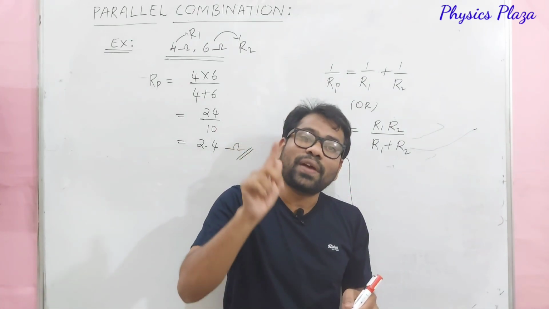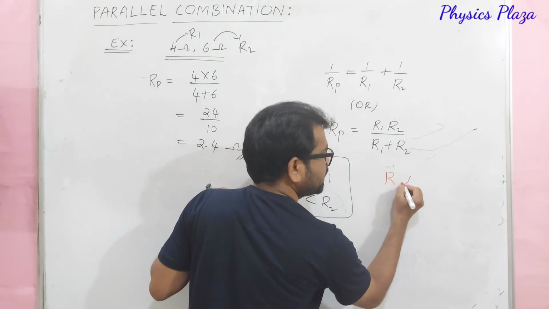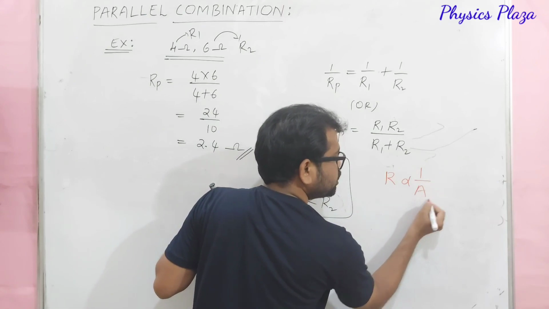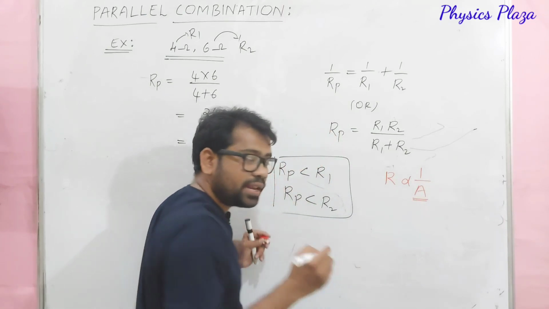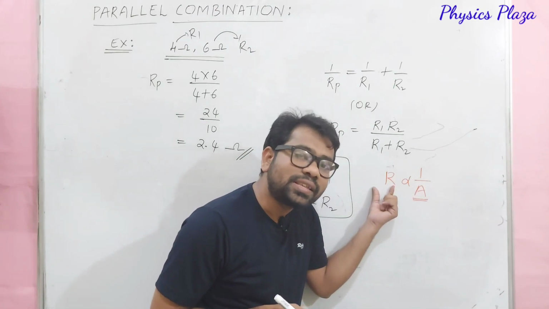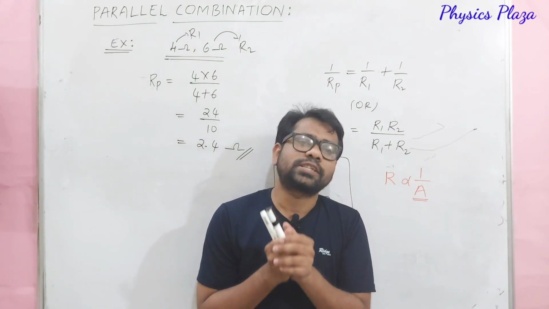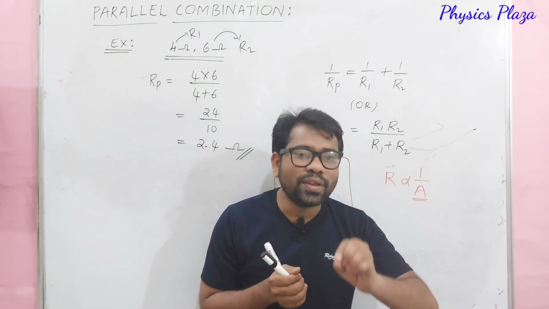And we already learned the factors affecting the resistance. Dear children, we know that R is inversely proportional to A, which means as the area of cross section increases, what will happen? Resistance decreases. That is how the resultant resistance in a parallel combination is always less.